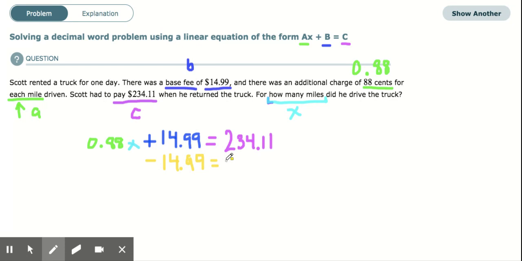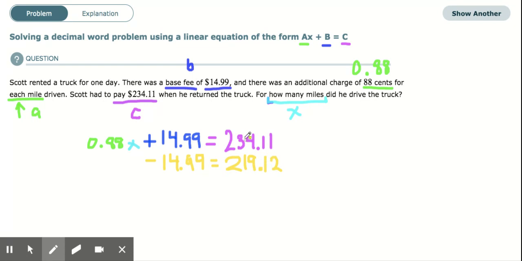So this would be $219. If you add back $15 to that, you'd get 34. And we're taking away $14.99, so it's like we're putting back 1 cent almost. We're taking away 15 and then adding 1 back, right? So this should be $219.12, right?